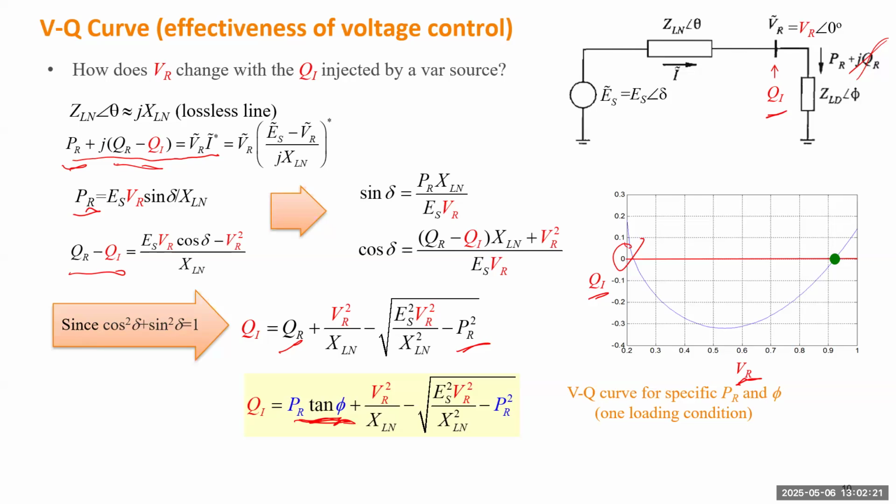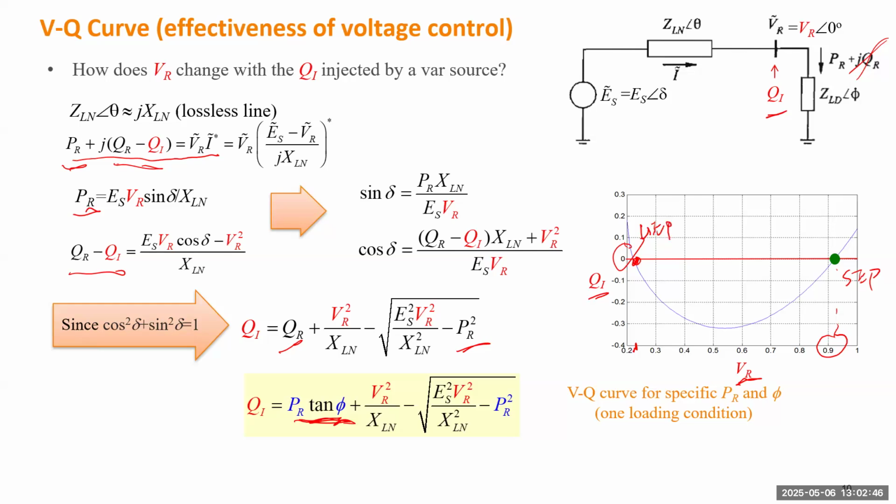This green one will be a stable equilibrium point. It indicates the voltage will be slightly higher than 0.9 per unit. And there's another intersection point that corresponds to a very low voltage, around 0.2 per unit. That's the unstable equilibrium point.